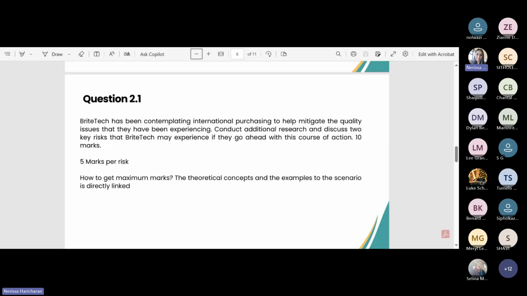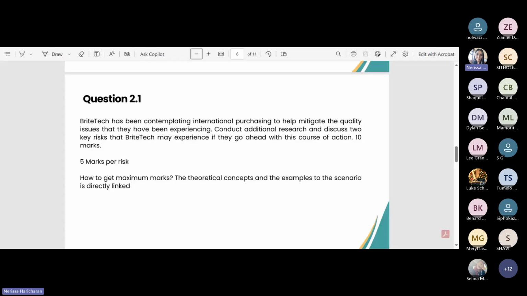So you need to anticipate that delays are a huge risk if you are importing your products. If you are buying from a local supplier, you can pick up the phone today, pay for your item, and have it delivered in 2 to 3 days. So it's comparing all those risks and also looking at how that risk can affect Brightech as a business.